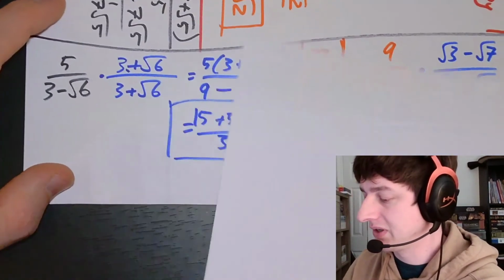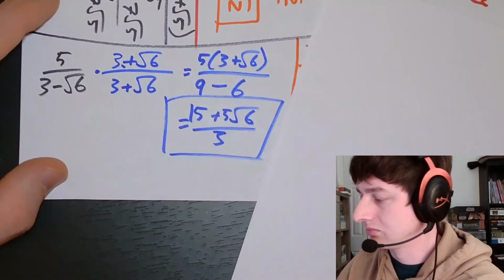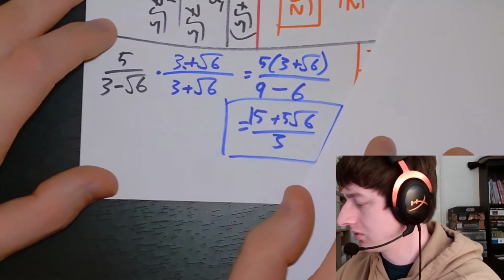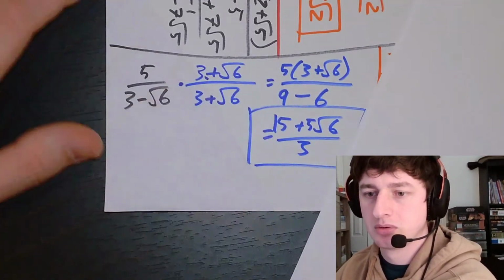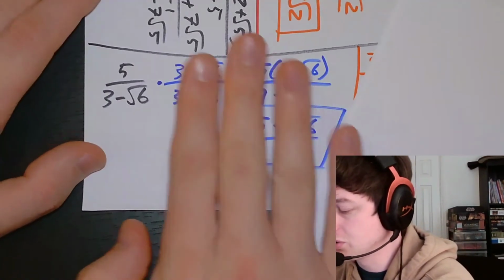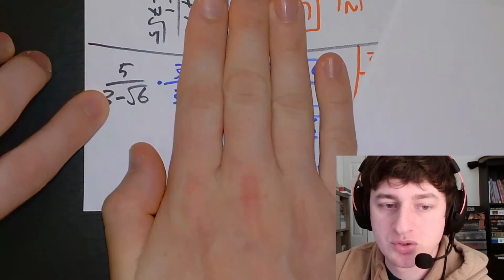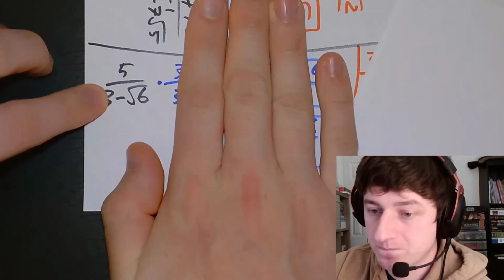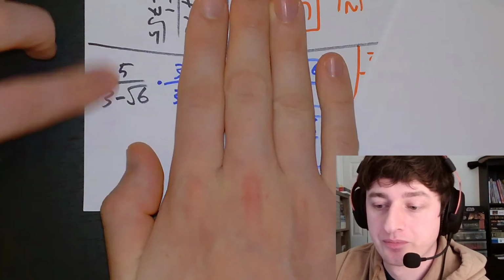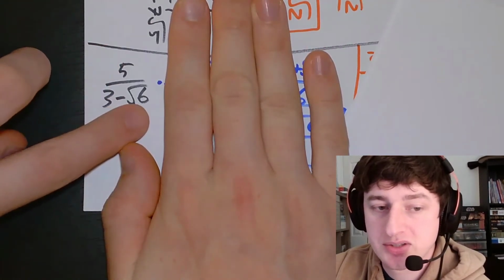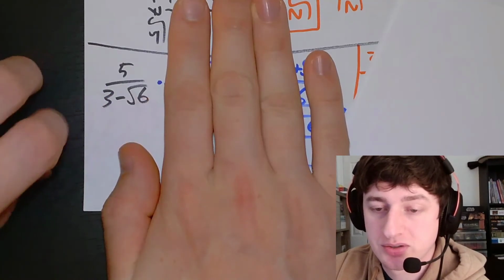I ran out of space vertically, right? So here we are. Try to get my paper as far over that way as possible. So original problem in black here, 5 divided by 3 minus the square root of 6. This would be pretty typical. The conjugate of 3 minus the square root of 6 is 3 plus the square root of 6.